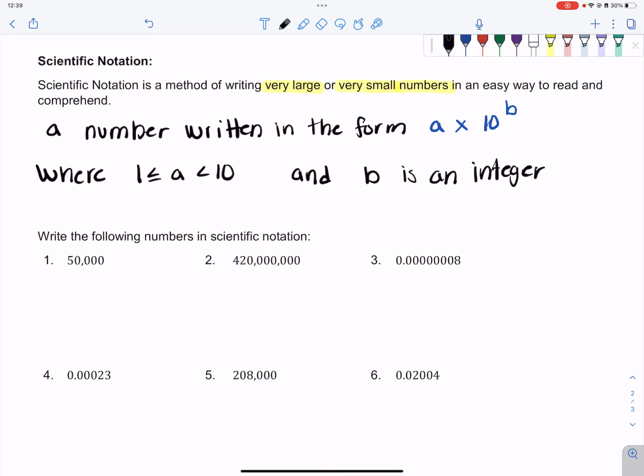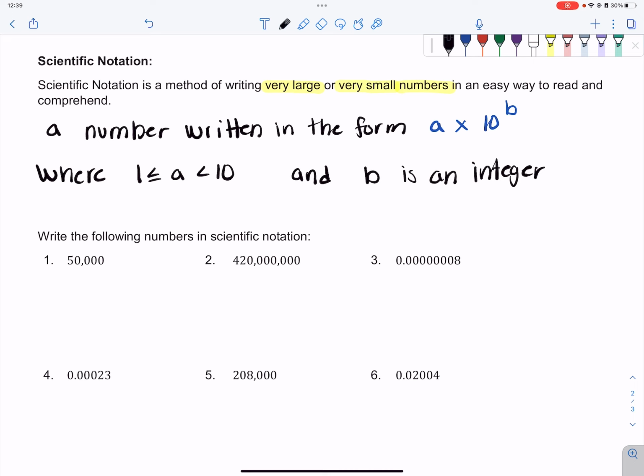Essentially, a needs to be what we can think of as a single-digit number, but it could have decimals on it. And then b is an integer, meaning that 10 to the b power is just going to be some power of 10.